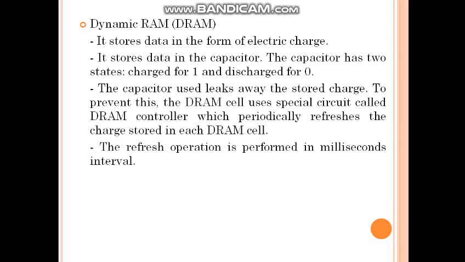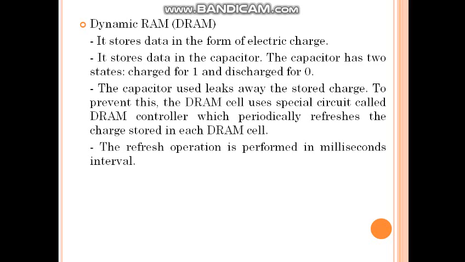After completing the static RAM, the next is dynamic RAM. This dynamic RAM stores the data in the form of electric charge. Previously the static RAM stored the data in the form of voltage, whereas the dynamic RAM stores data in the form of electric charge, in a capacitor. The capacitor has two states, charged for 1 and discharged for 0.